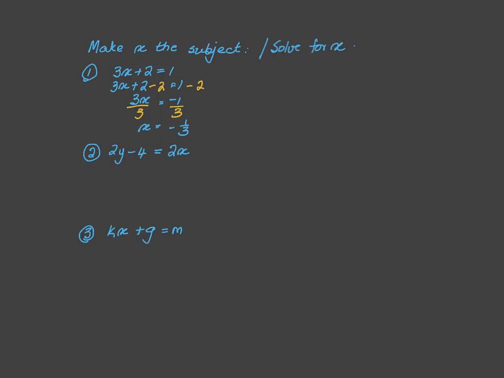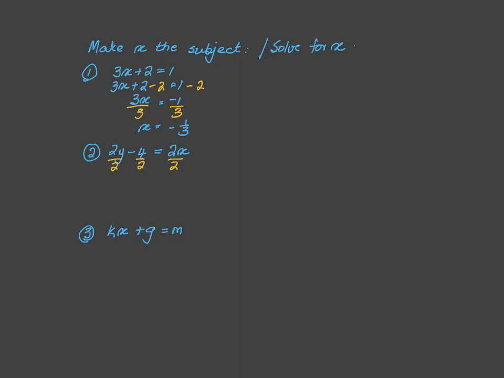In number 2, 2y minus 4 is equal to 2x. We need to make x the subject. So what we are going to do is we're going to divide both sides of our equation by 2. It's each term on the left-hand side, 2y divided by 2 minus 4 divided by 2 is equal to 2x divided by 2.